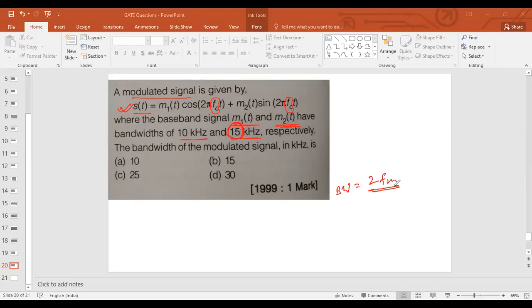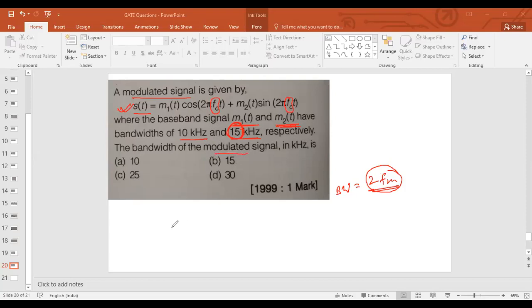If the modulating signal is a multi-tone signal, whatever the maximum frequency available in the modulating signal, that will give the bandwidth of the modulated signal.